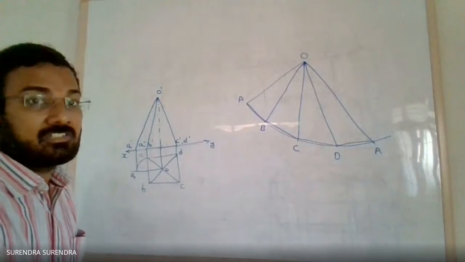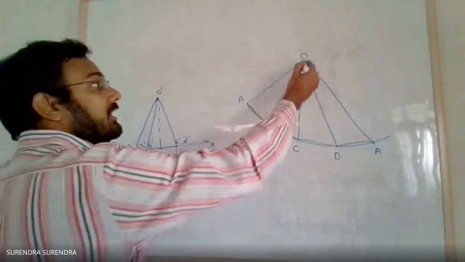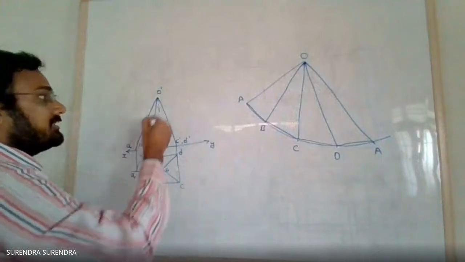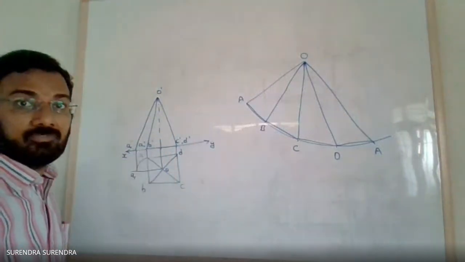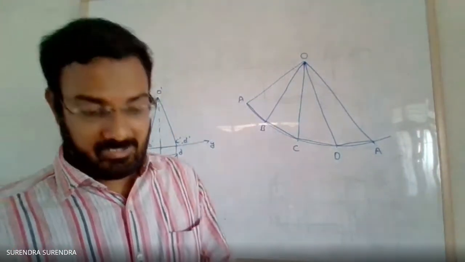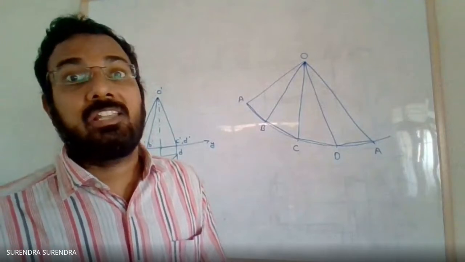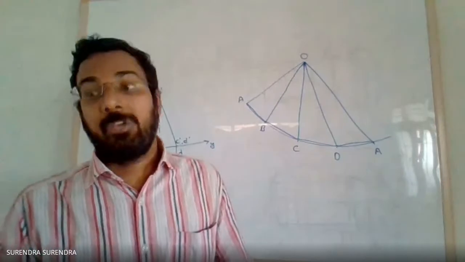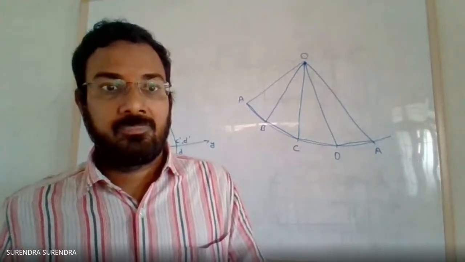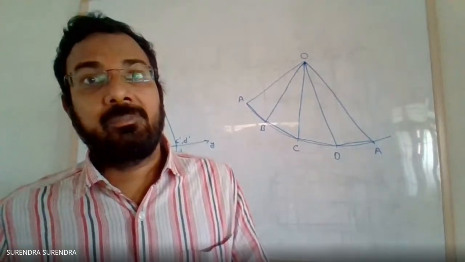So remember, AO is equal to the true slant length of the pyramid. So you should be careful. AO is the true slant length of the pyramid. Now is it clear? Radial line method.